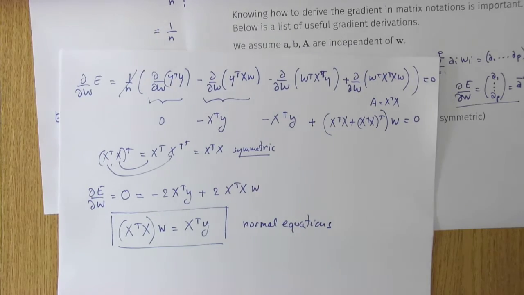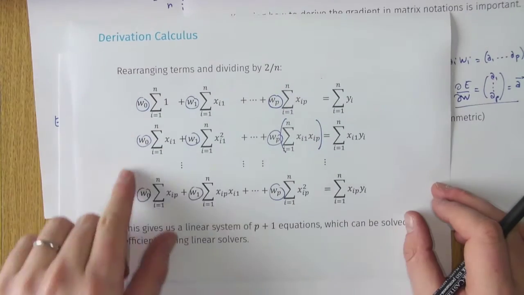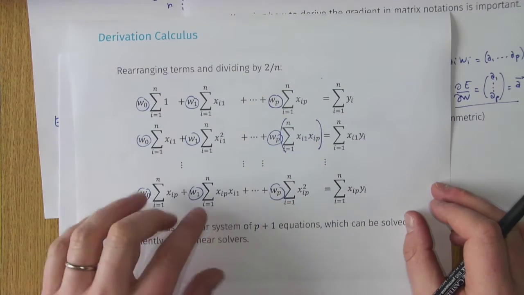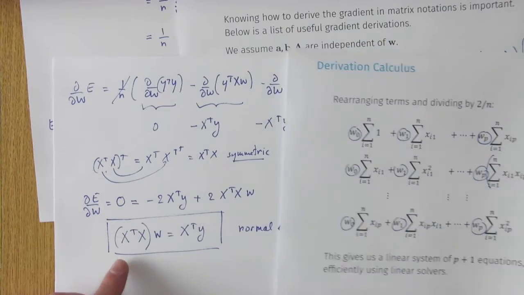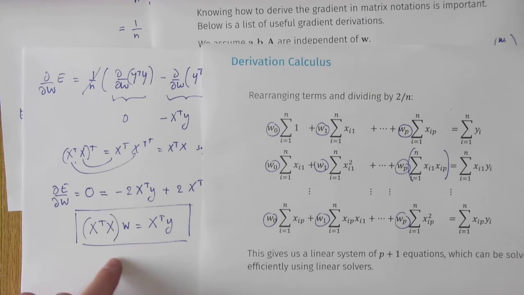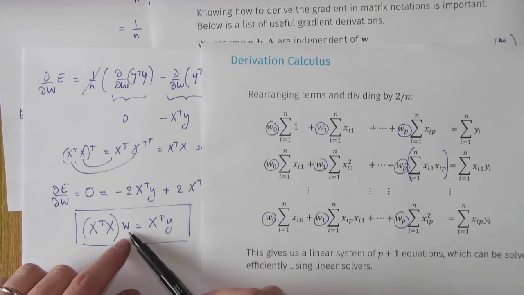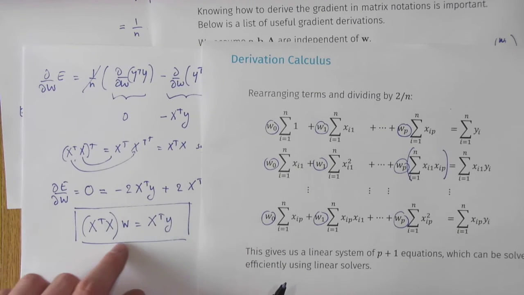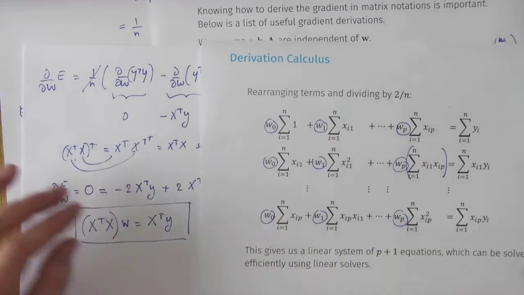If you come back to the previous slides we had, this is exactly the same expression as this one. When you plug in what X is and W and so on and develop that, you have a linear system of equations that says that at the minimum, W must satisfy this equation. And this is the same as this equation.